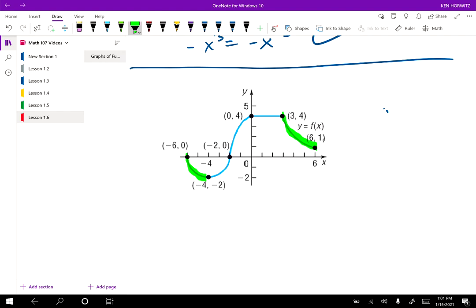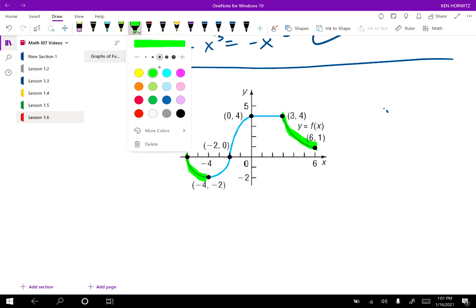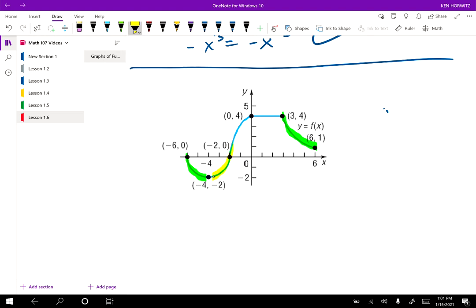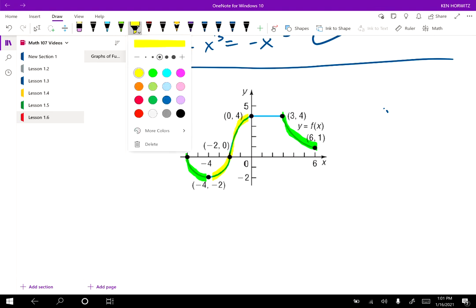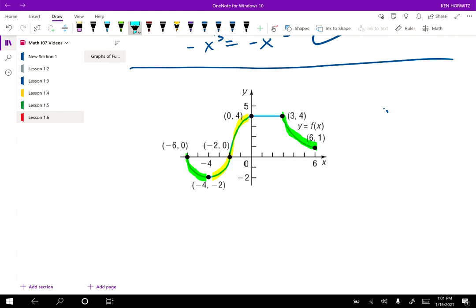All right? When you're talking about increasing, and we have a graph, if the function's going up, then it is increasing. All right? The last term we're going to discuss is something called constant. And if the function is staying the same, it is indeed constant.